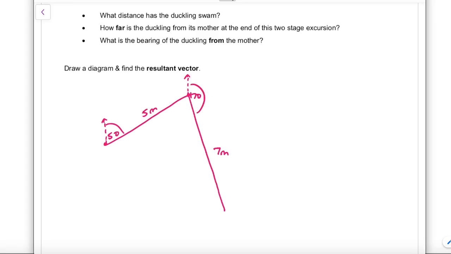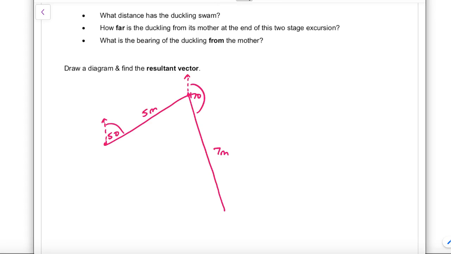So very quickly we can get a bit of a picture of the duckling's movements. But each movement that we have here is represented by what we call a vector. A vector is just a quantity that measures a magnitude and a direction. So magnitude meaning size. So here we've got the displacement of a duckling from its mother.